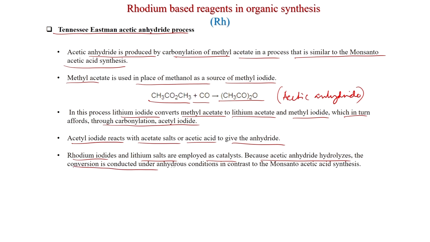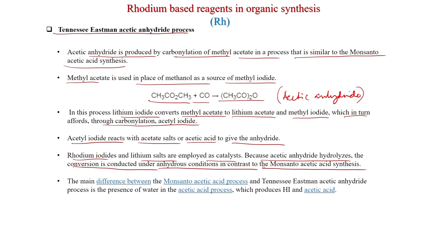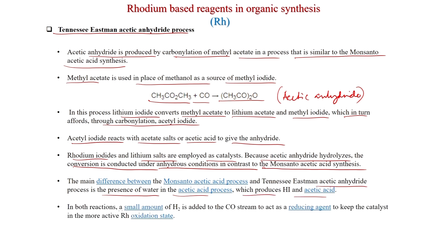The conversion is conducted under anhydrous condition, in contrast to the Monsanto acetic acid synthesis. The main difference between the two processes is the presence of water in the acetic acid process, which produces HI and acetic acid. In both reactions, a small amount of H2 is added to the CO system to act as a reducing agent to keep the catalyst in the more active rhodium oxidation state.